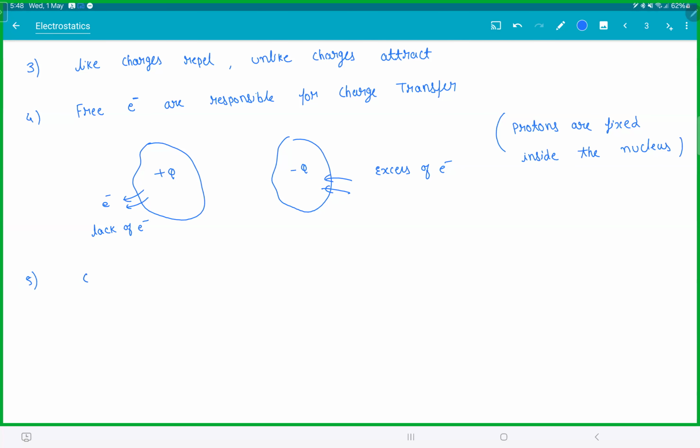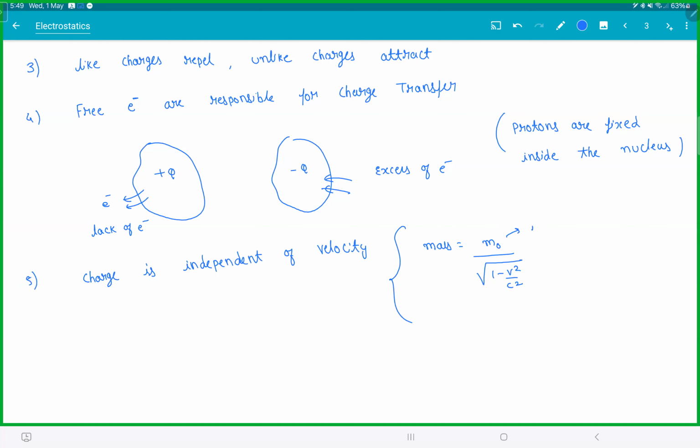Fifth one, charge is independent of velocity. Mass and all do get affected by relativistic effects, but not charge. For example, we have a mass m = m naught by root over 1 minus v square by c square.